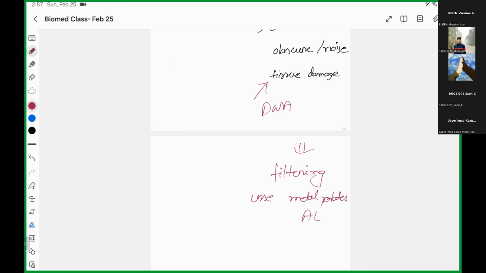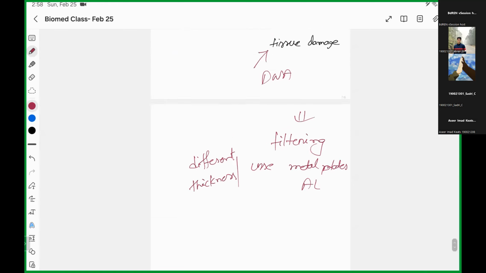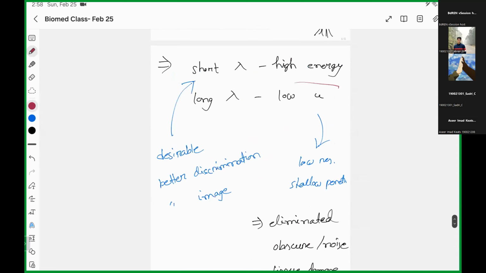Metal plates like aluminium of different thickness, depending on the radiation wavelength. Some of the metal plates like aluminium will be able to absorb these low energy photons, but high energy photons will pass through these aluminium plates.